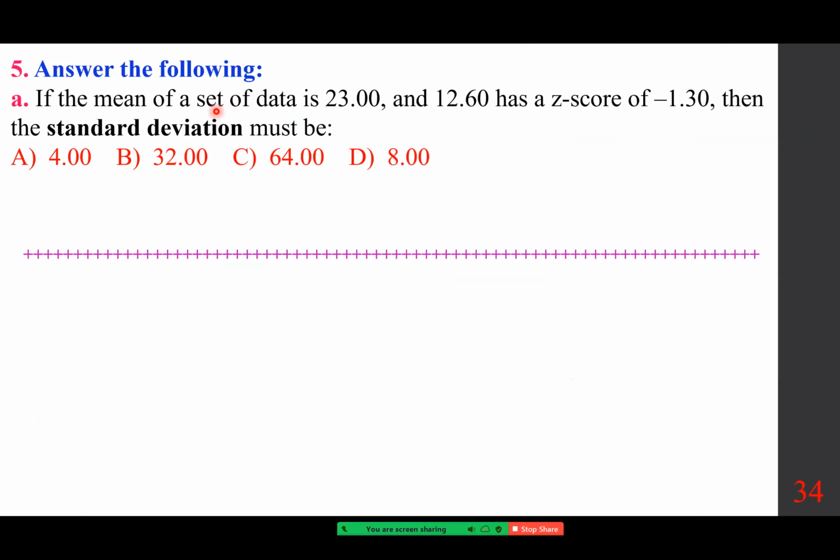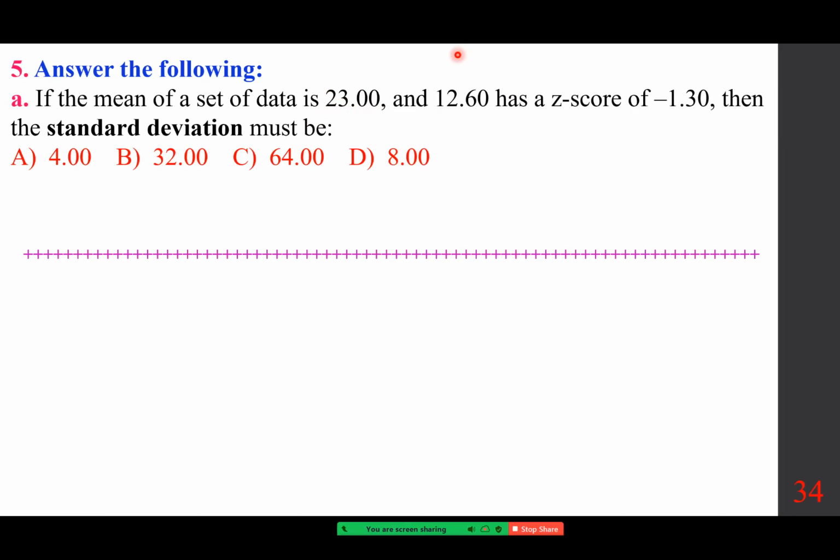If the mean of a set of data is 23 and 12.6 has a z-score of negative 1.3, then the standard deviation must be, well, what is given first and foremost when we read the question? This is mu.